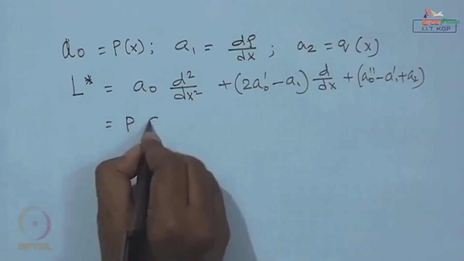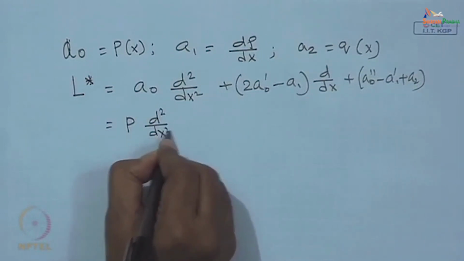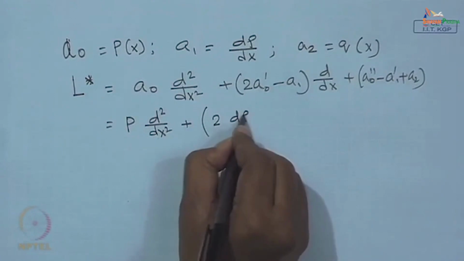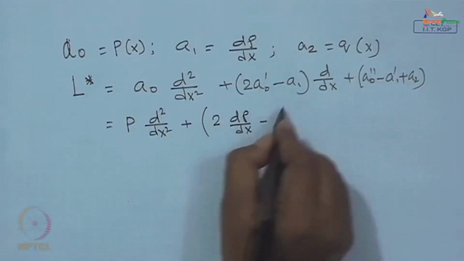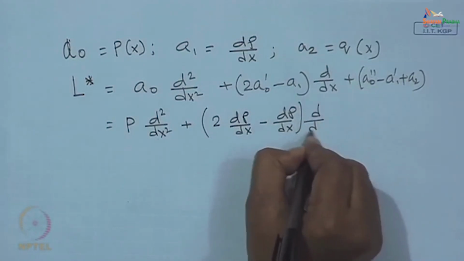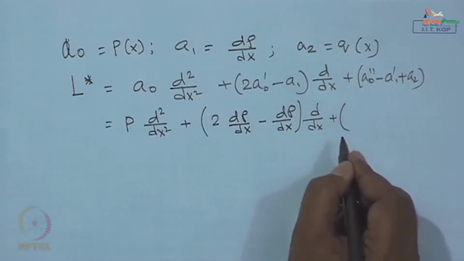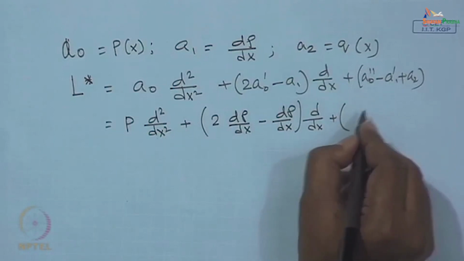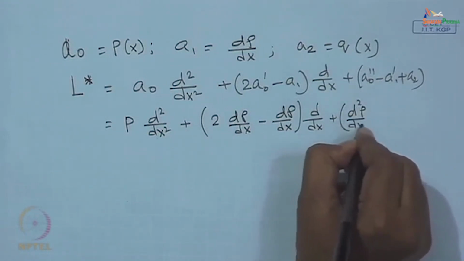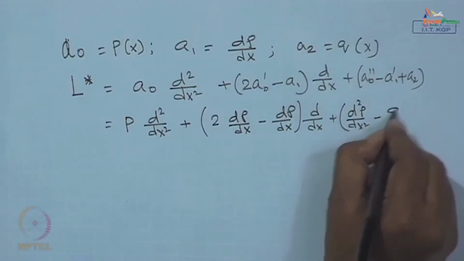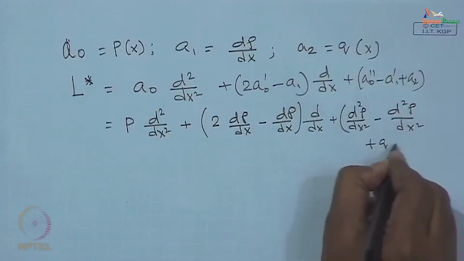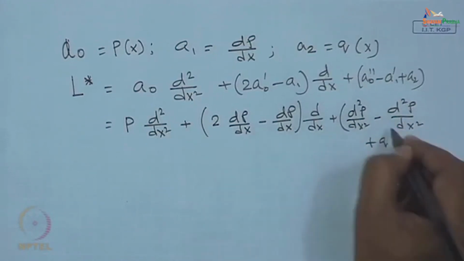So, this becomes p d²/dx² plus 2 dp/dx minus A1, which is dp/dx, d/dx, plus A0 double prime, which is d²p/dx², minus A1 prime, which is d²p/dx², plus A2, which is q. So, these two will be cancelling out.